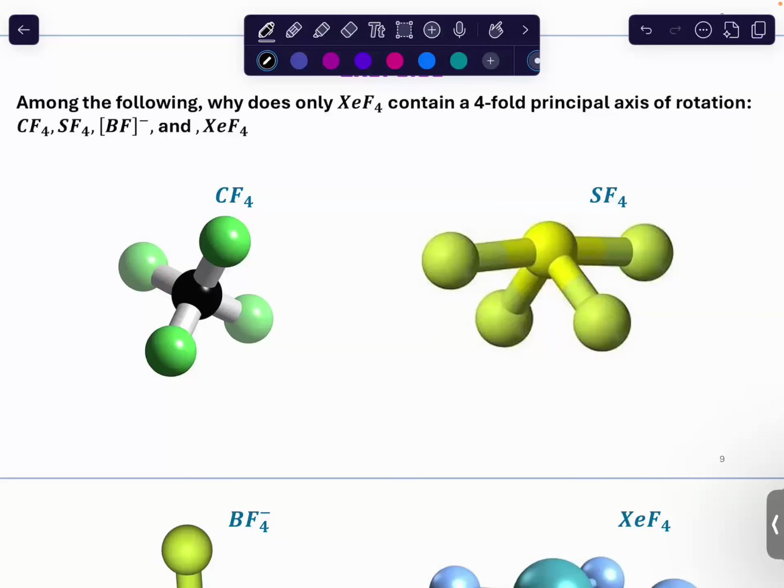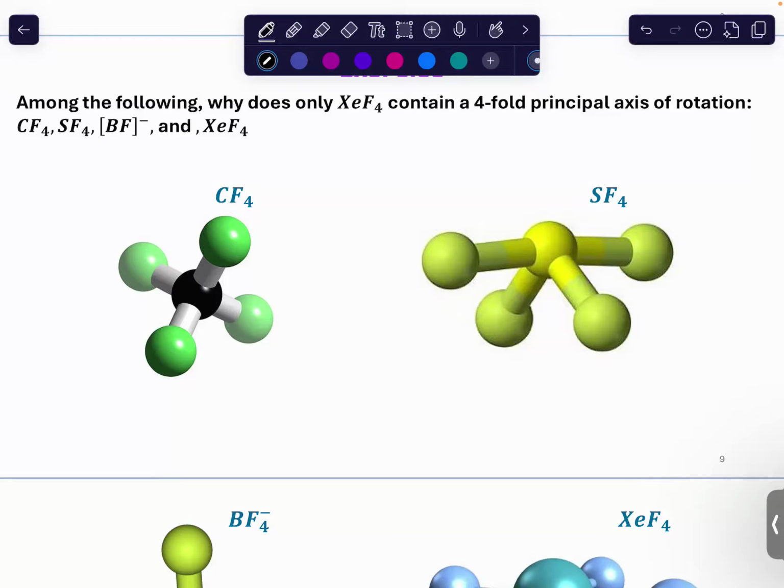Anytime twofold, threefold, fourfold, that's C2, C3, C4. That's what they're talking about. If I just go down one of the bonds, then the other three? Well, you might be able to get away with a C3 that way. In fact, those are C3s.